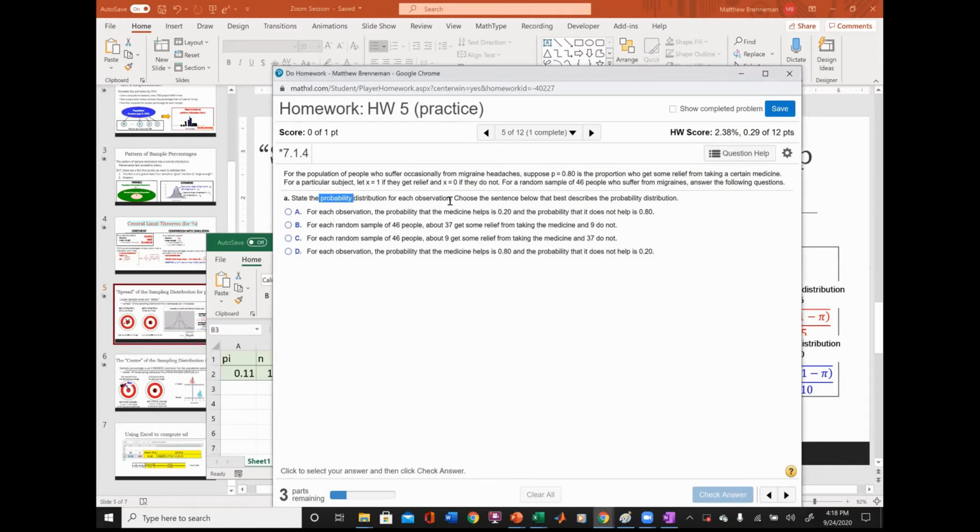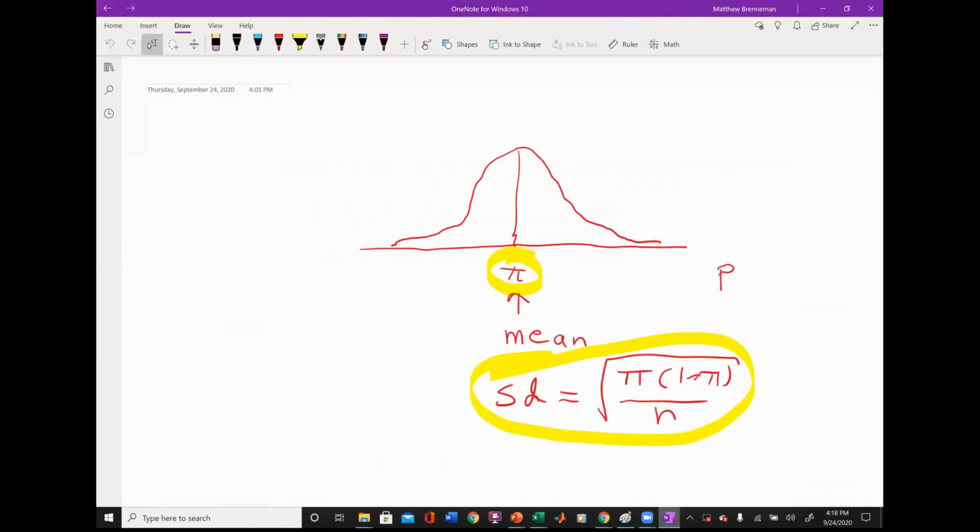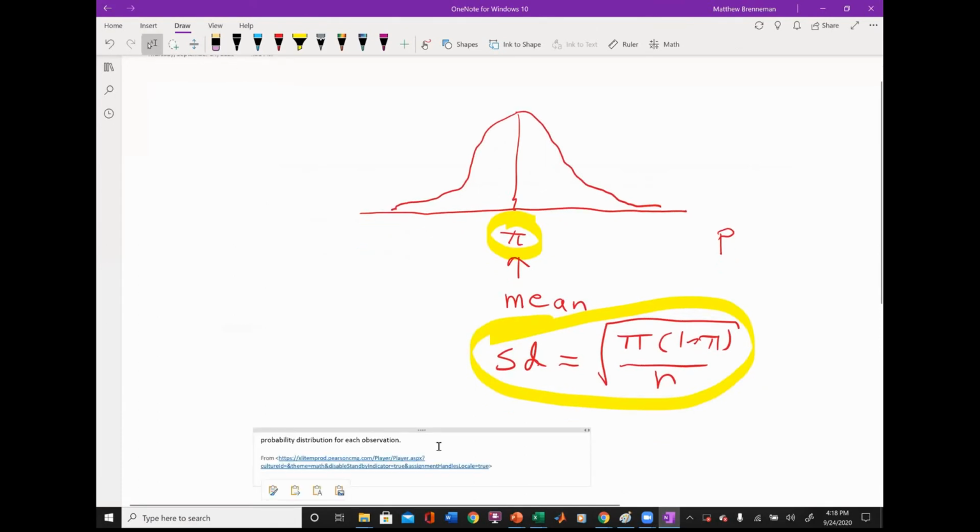So let me just copy and paste this into OneNote, just so this is really clear. So when they say something like probability distribution for each observation, what they mean is the probability a randomly chosen individual falls or is in our category of interest.